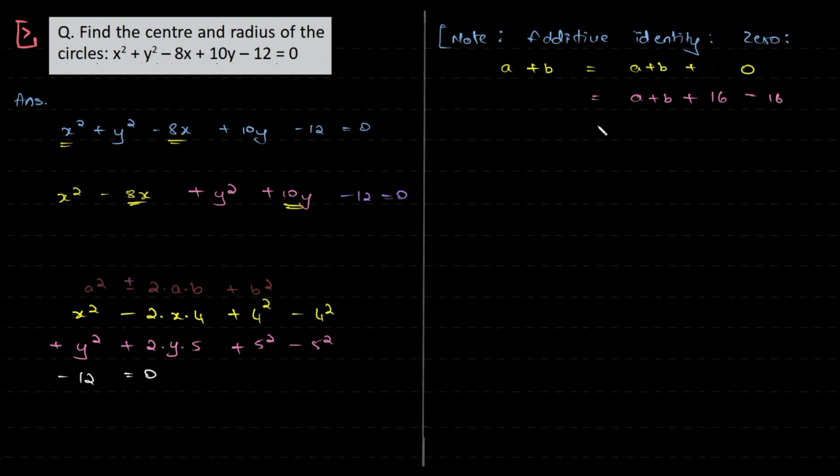Now I can write this as a plus b plus 4 square minus 4 square. Do you guys agree with that? That is, we can do the same thing with anything. I just took a plus b, I can do it with anything. And that's how I got 4 square minus 4 square and 5 square minus 5 square.